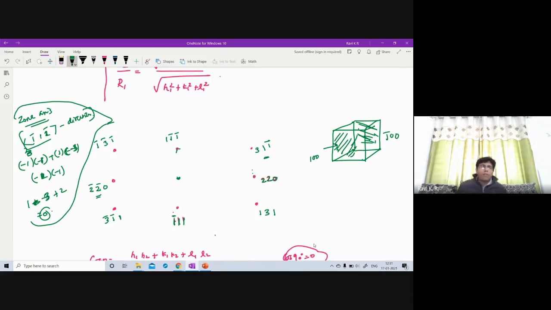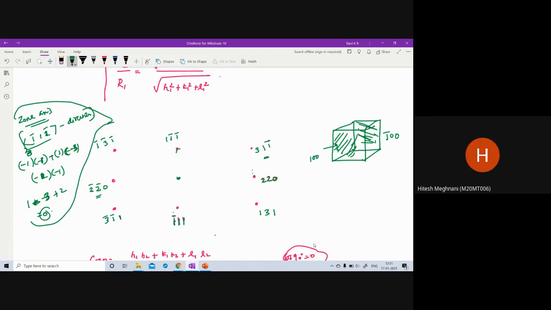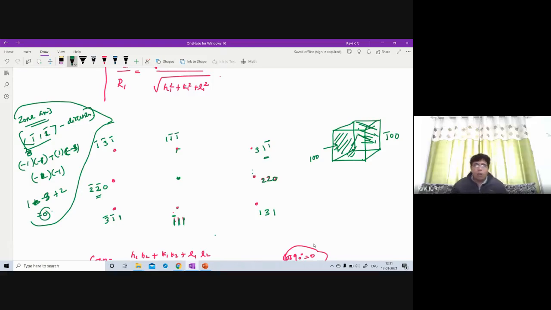If it is coming 0, that means what you have done is correct. Can you try that? Zero, sir. Okay, fine. Now what we have done is an indexing of the pattern.